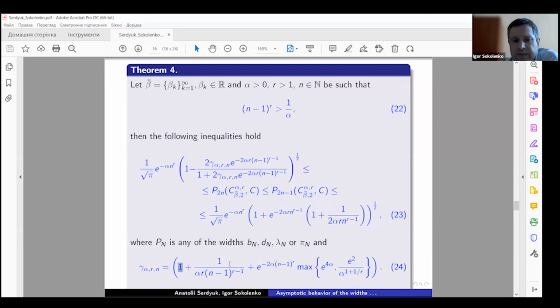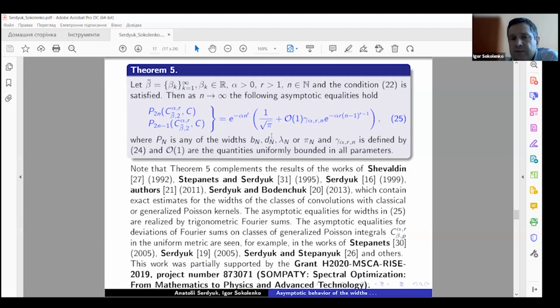If n tends to infinity, this is small, tends to 0, and we have gamma alpha rn tends to 1. So we have 1 divided by the root of p plus O of 1, and e to the power minus alpha r, n minus 1, r minus 1 tends to 0.